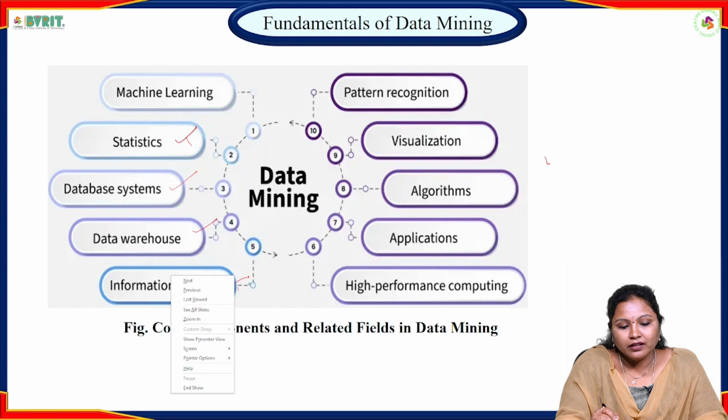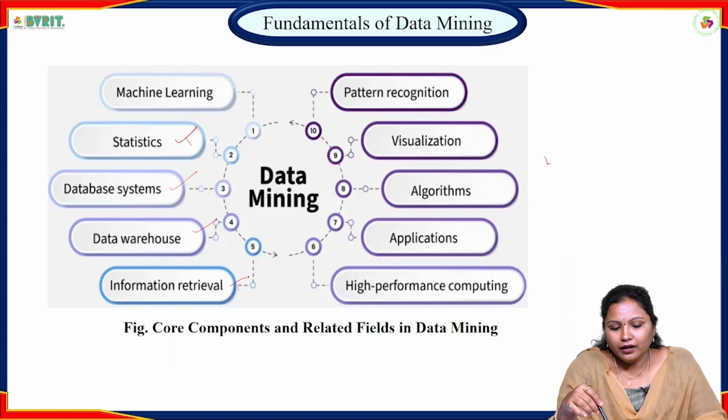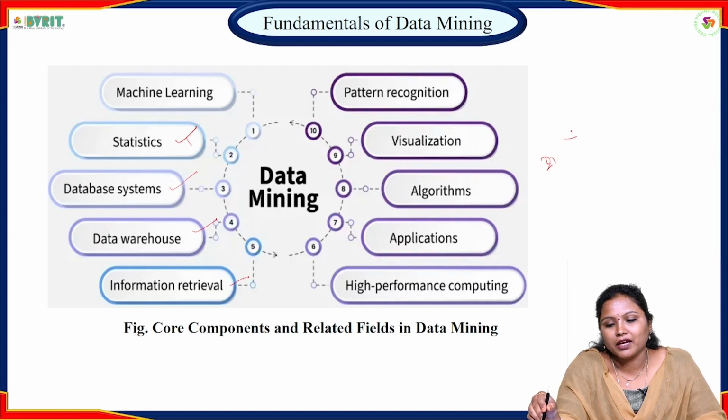We mine the data for retrieving the information, and for high performance computing also. There are general applications where we use this data, and with the help of the algorithms we train the models, mine the data and do the analysis.